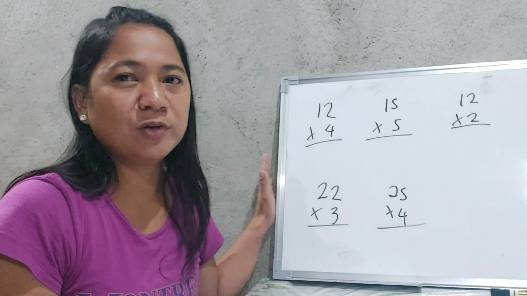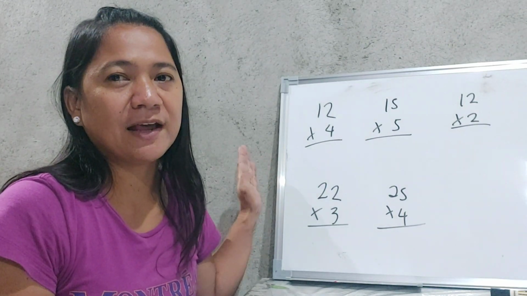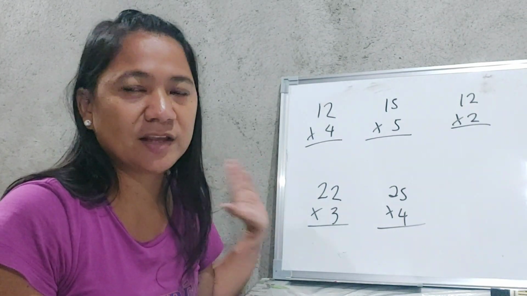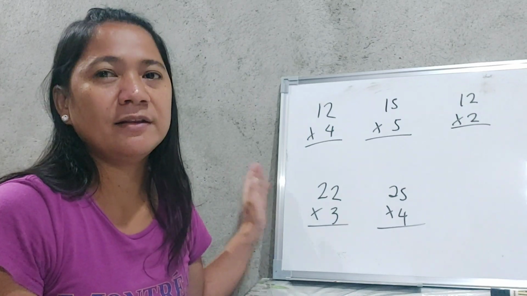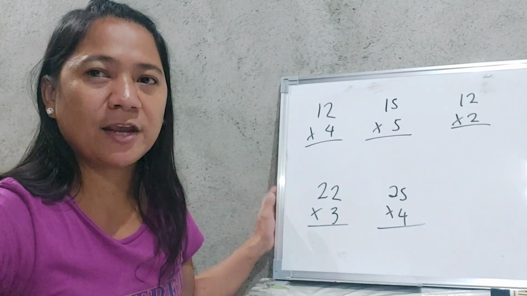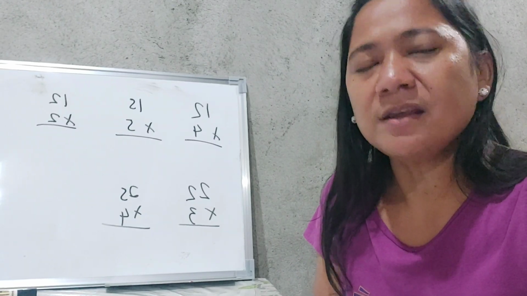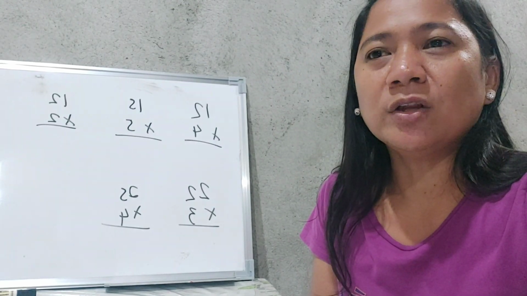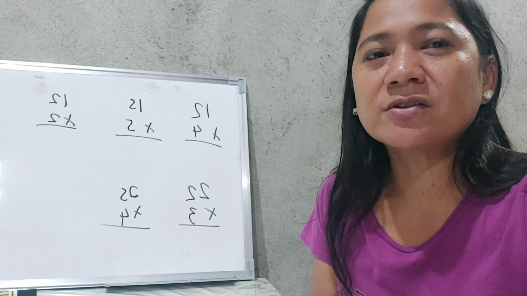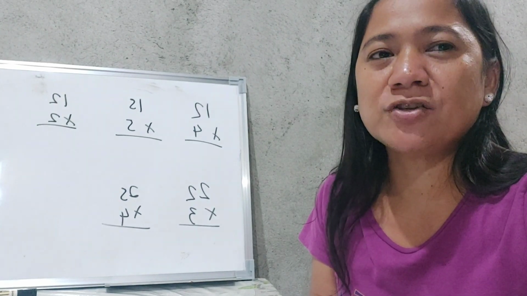So, i-multiply natin sila gamit lang ang ating isip so that we can test our accuracy in solving a multiplication problem. So, if you were able to solve them mentally, that's great. It only proves your accuracy in solving multiplication problems.